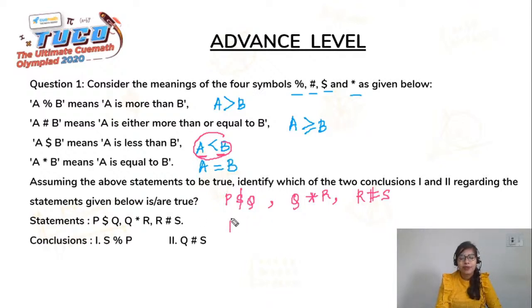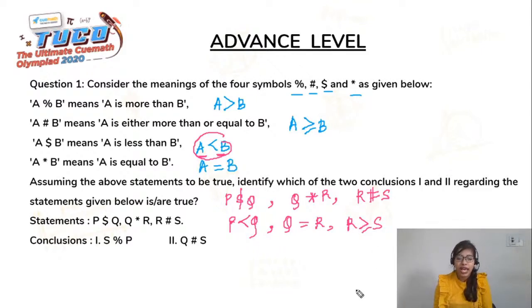So I could say that P is smaller than Q. Now Q star R is basically A is equal to B. So I could say Q is equal to R. And R hash S basically means that A is either more than or equal to B. So R is either more than or equal to S. Okay. So these are the 3 conditions which we have.